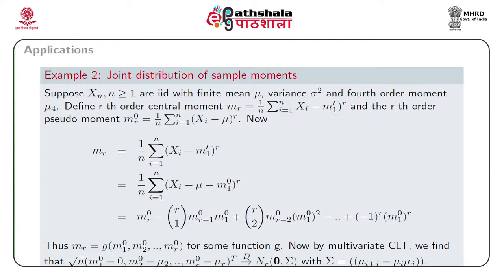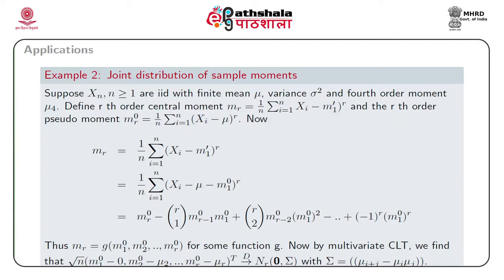first express Mr in terms of the pseudo moments, and this is not a very difficult task because 1 by n summation (Xi minus m1 dash) whole to the power r can be looked upon as 1 by n summation i from 1 to n (Xi minus mu minus m1 naught) whole to the power r, and expanding this quantity by the binomial theorem, we ultimately find the relationship, that is Mr equals Mr naught minus r choose 1 multiplied by M r minus 1 naught M1 naught plus up to minus 1 to the power r M1 naught whole to the power r.